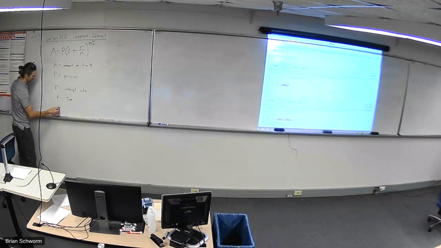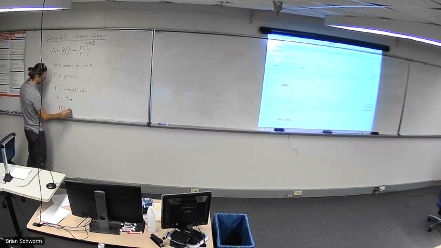The only thing that's new is n. We use n for the number of times interest is compounded per year.